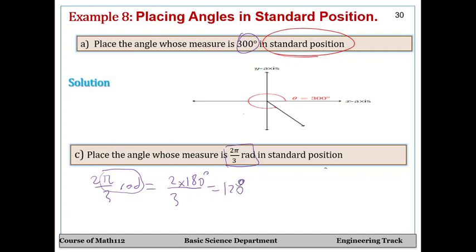So again, vertex at the origin, and then the initial side. 120 degrees is in the second quadrant. So this is 120 degrees in standard position.